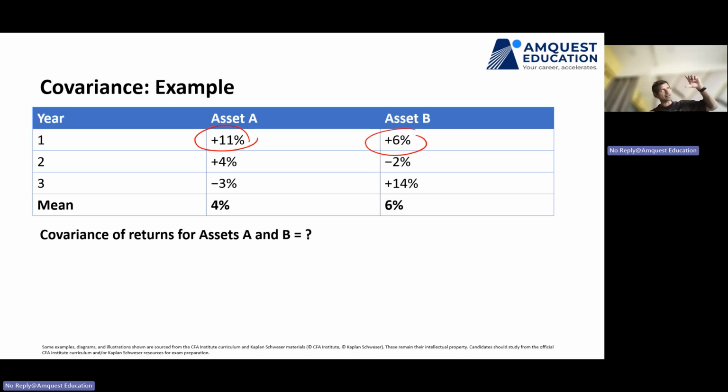You want to keep some assets which will go up, some assets which will go down, because by doing that, you are protected against extreme falls. Imagine if all your assets are together and the full market goes down, your full portfolio will be dragged down and you'll suffer a huge loss. But if you keep one asset which is not related to the other asset, then when this goes up, this will go down.